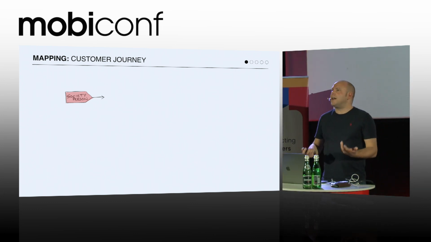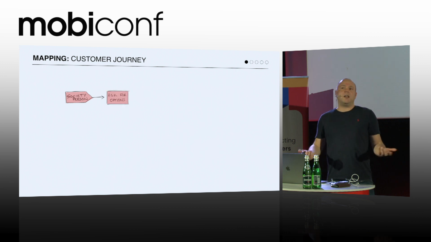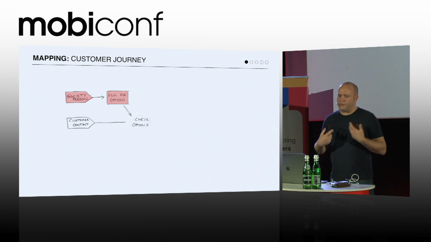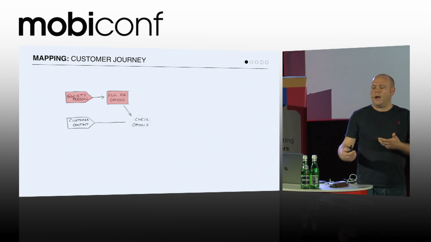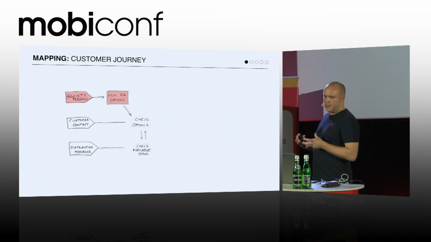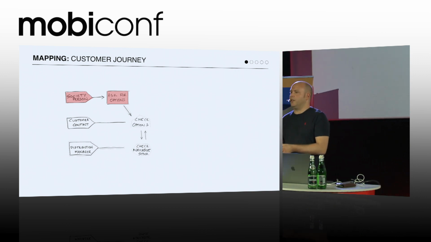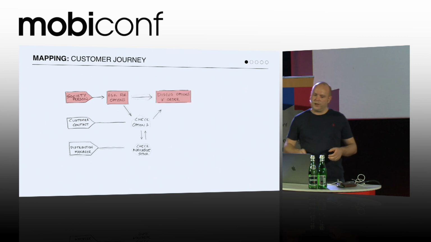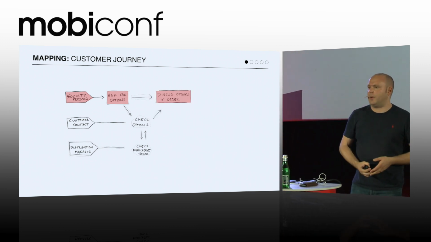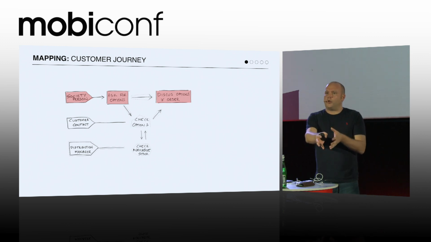So here, a society person essentially has to ask for options. So someone within Rothstein's crew is going to have to receive those options. They're probably going to have to speak to some kind of distribution manager or someone in logistics to understand what stock is available, what's come all the way from Scotland recently. This is then going to have to go back to the customer, back to the society person, and say, these are your options, what would you like?